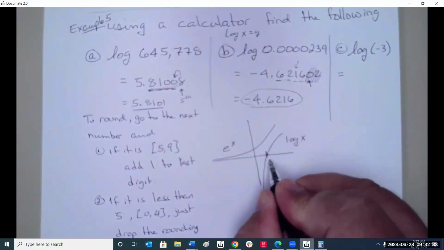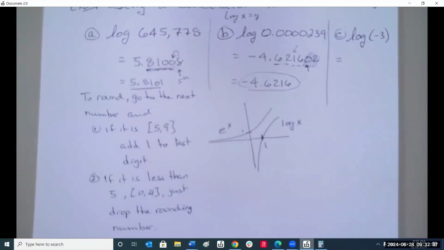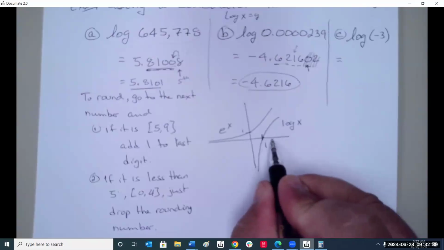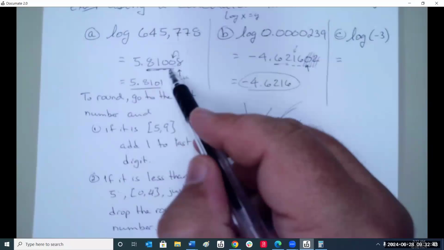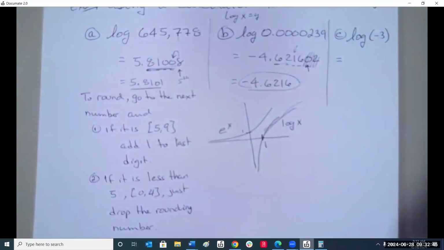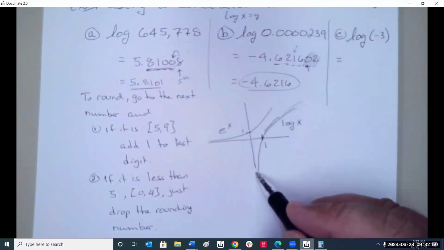It crosses at 1. So when x is bigger than 1, the answer is positive. Sure enough, that's what the first one tells us. If x is between 0 and 1, the answer is going to be negative.